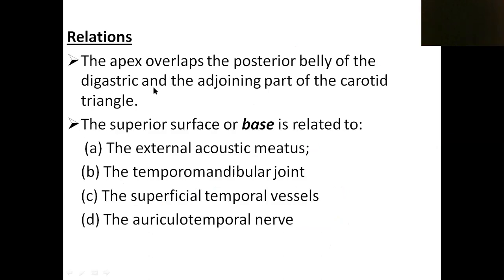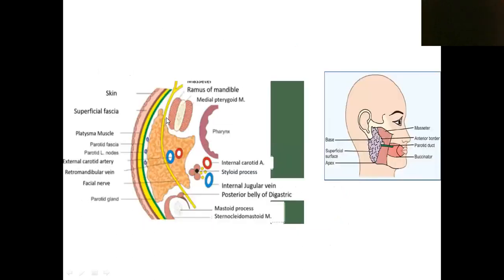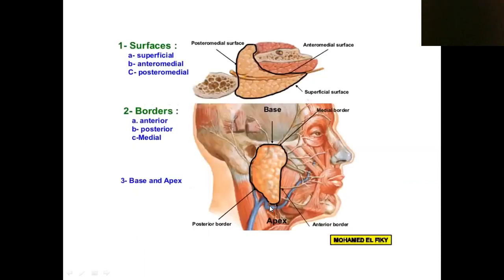First, the apex crosses the posterior belly of the digastric and reaches the carotid triangle. See here in the previous image, we have already gone through the digastric triangle, and below that is the carotid triangle. Here comes the posterior belly, and this is the anterior belly. We can see a part of the anterior belly of the digastric. The anterior belly is connected to the mandible, and the posterior belly is connected to the mastoid notch.